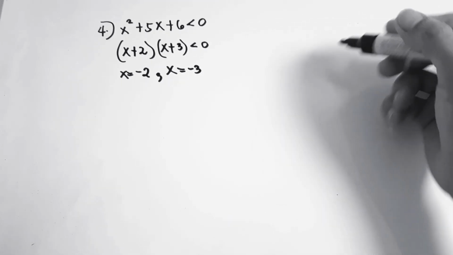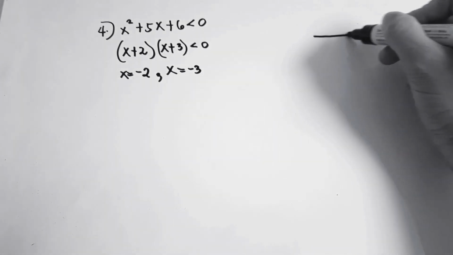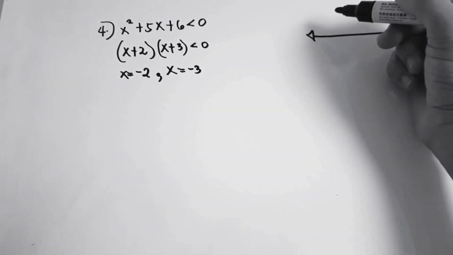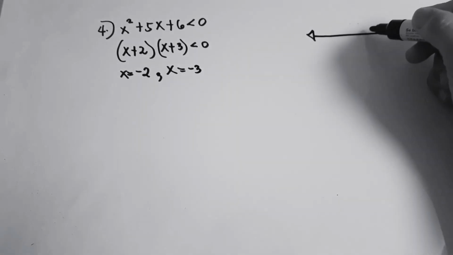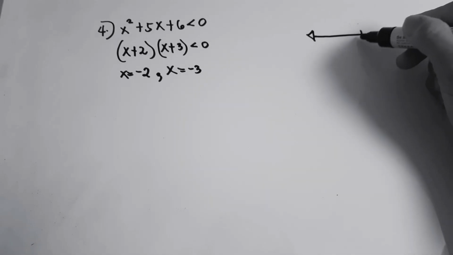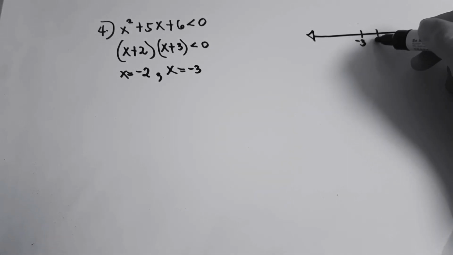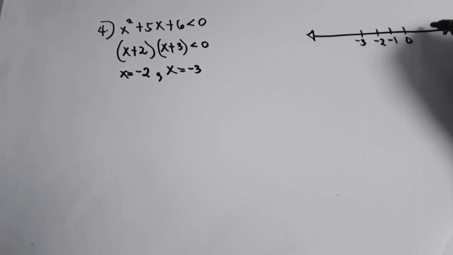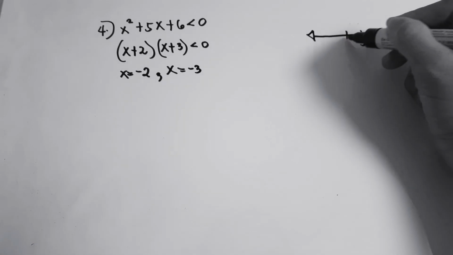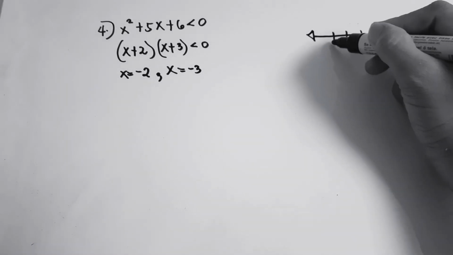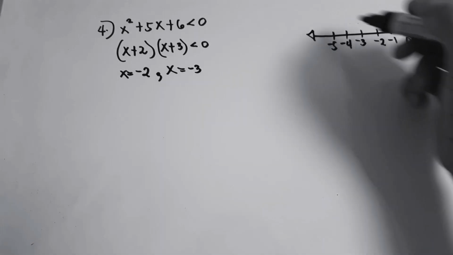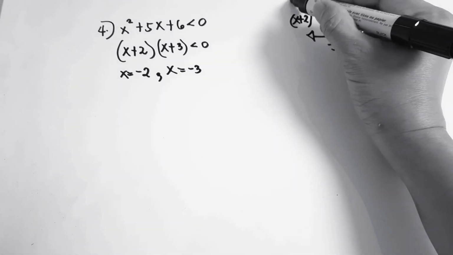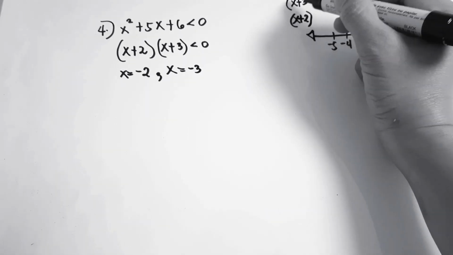And then we can use the sign diagram here. We can draw a number line, and then we can use the interval notation. So we have negative 2 and negative 3, on the number line with negative 3, negative 2, negative 1, 0, 1, negative 4, negative 5.